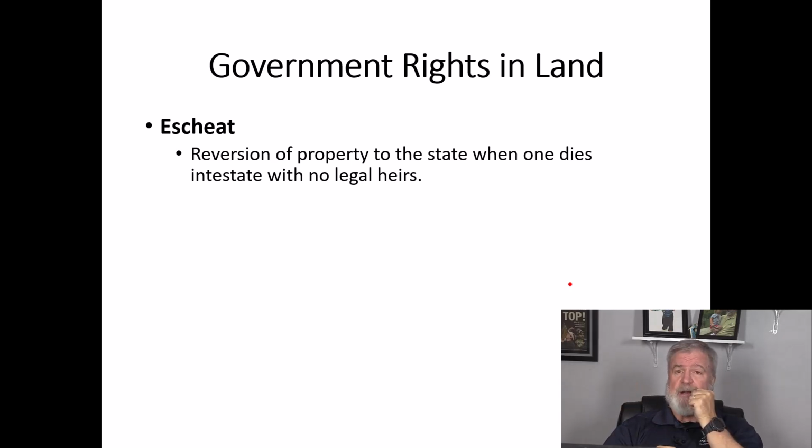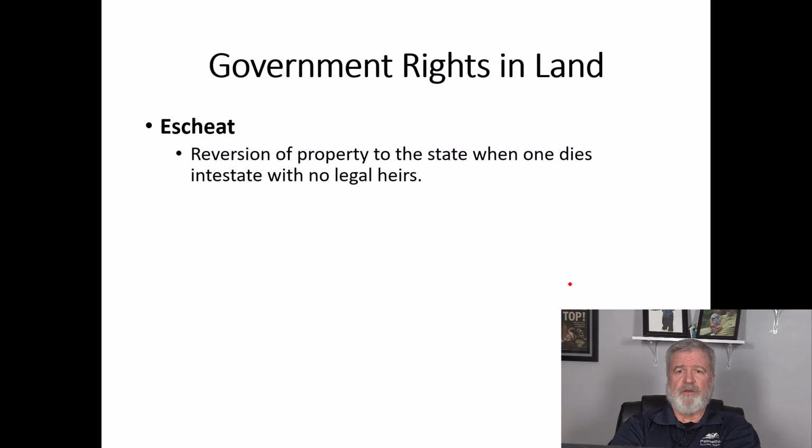But y'all, believe it or not, this is very common, where people don't have any legal heirs. And I will tell y'all, that is not unusual at all. There are no legal heirs, and they died intestate. Well, what are we going to do with this property? They never put in writing who's supposed to get it or what to do with it. Well, then it will revert over to the state. The state will take possession of the property via escheat.